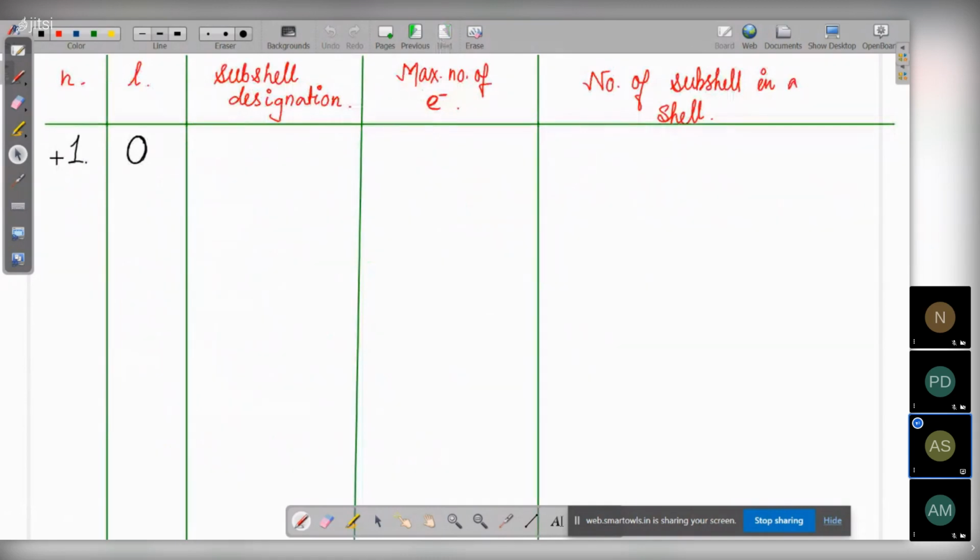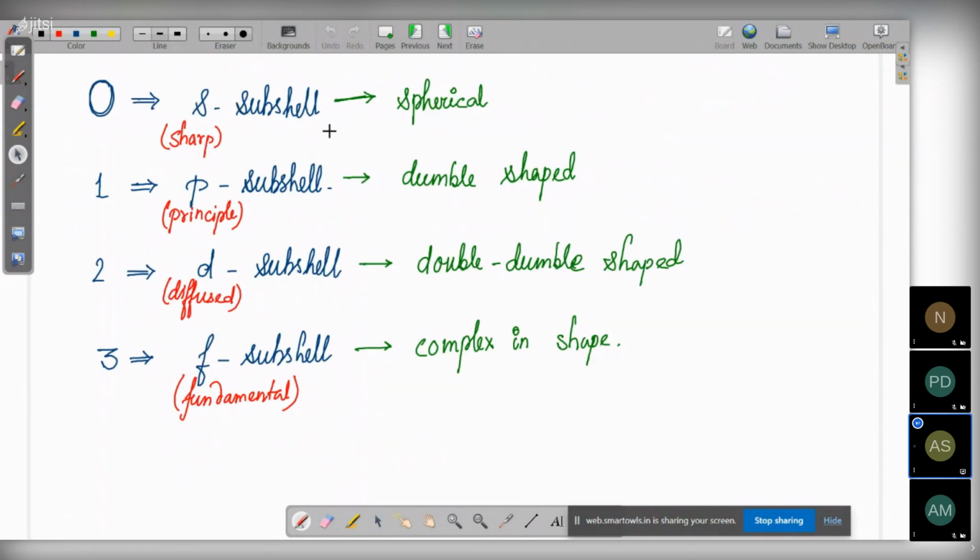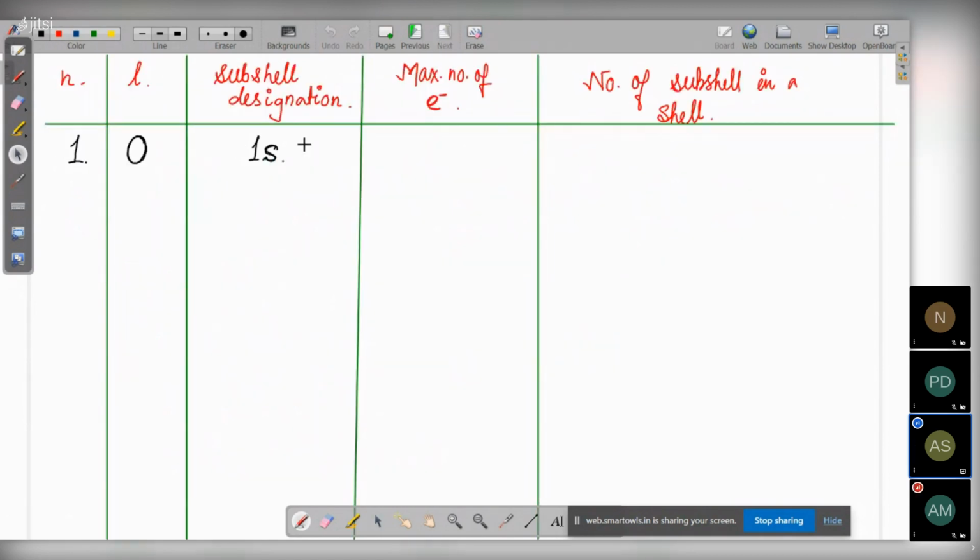Then the subshell designation will be called 1s, because 0 means s subshell.